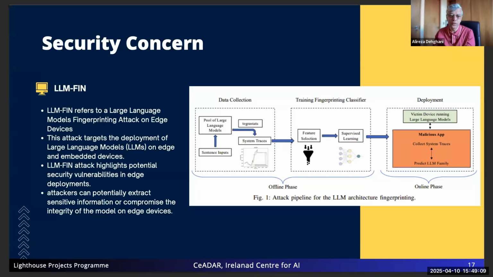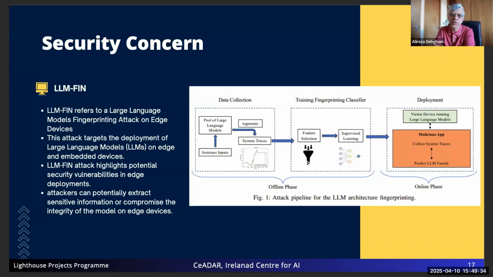So in terms of cybersecurity, it is very important to understand the model that we develop. LLM Fin is a type of cyber attack that targets smart devices like phones, wearables, or edge computers that run AI language models locally. So, is it a tool to protect you against attack?